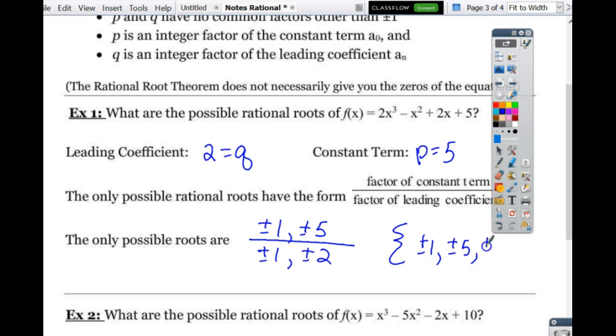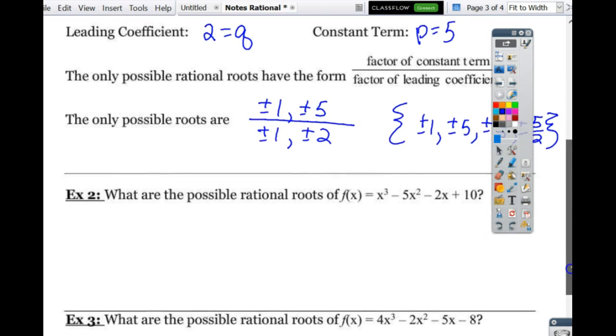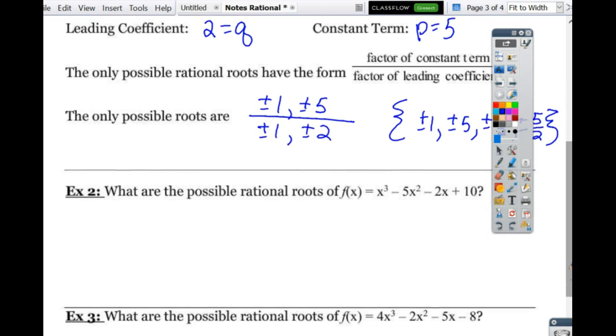Plus or minus a half. And plus or minus 5 halves. And that's the possible set of solutions for that polynomial. That's it. I told you I didn't lie today. It really is that easy.